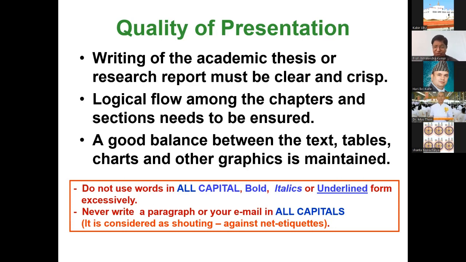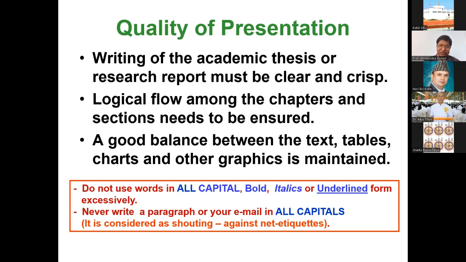So there must be a good balance maintained between the text, tables, charts, and other graphics. Whenever you include images, photographs, or illustrations in the chapter itself, while the running passage is going on, there must be balance.